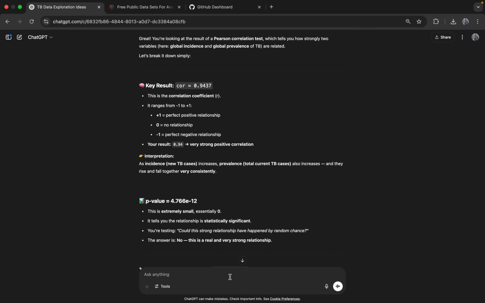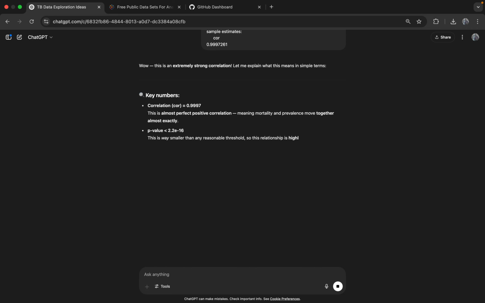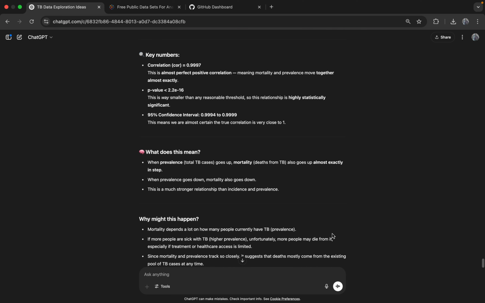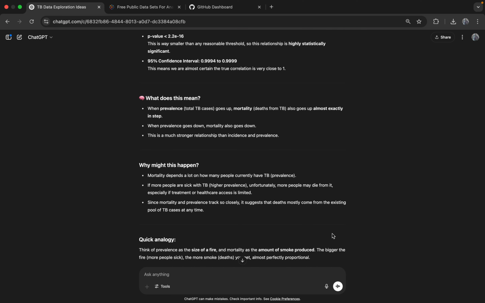What about this? I know, it's a strong correlation. When prevalence goes up, mortality goes up almost exactly in step. Okay. Mortality depends a lot on how many people currently have TB.